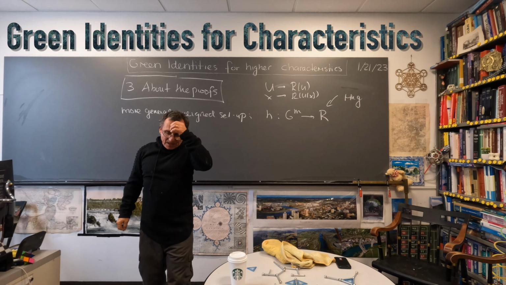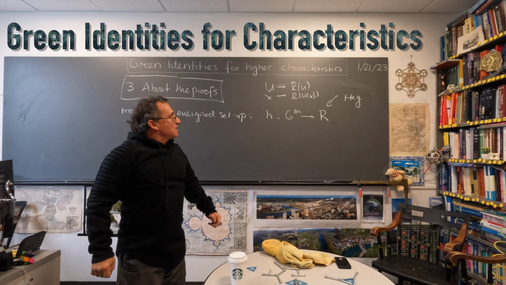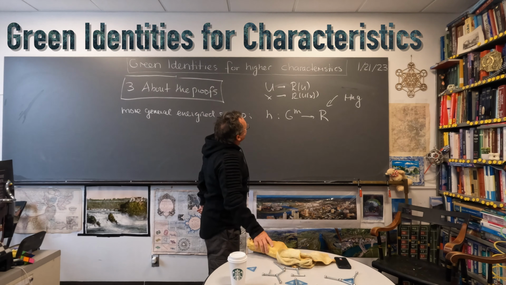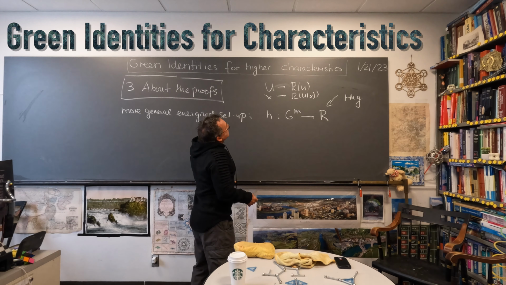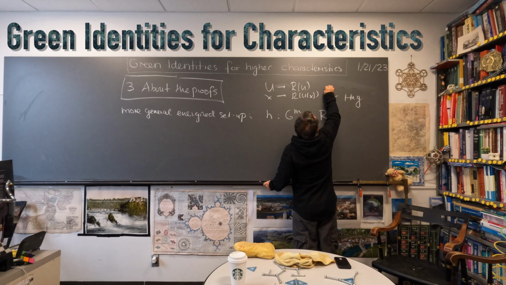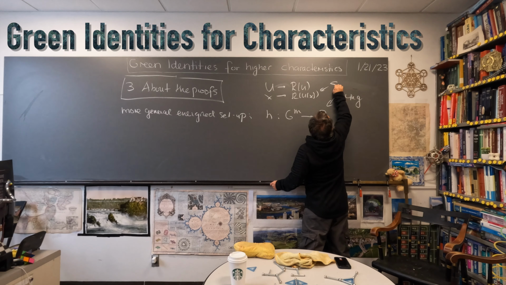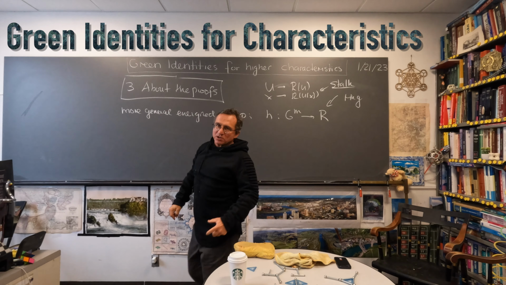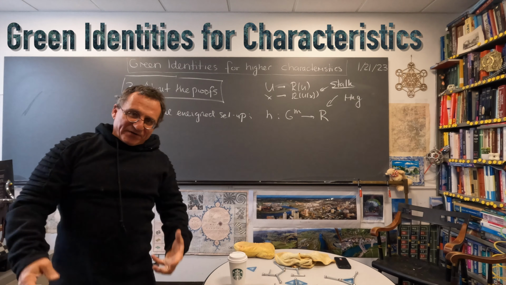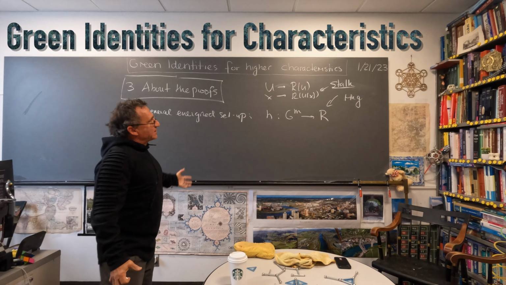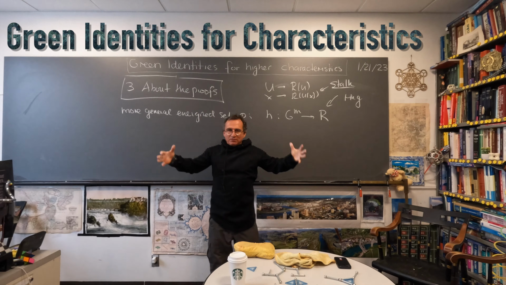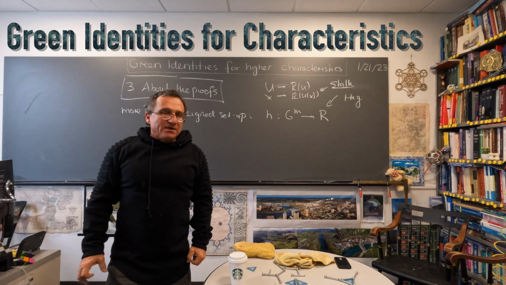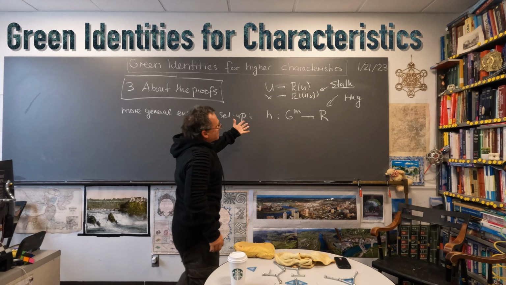And this is the stalk, and the elements in this stalk are the germs. Everything is finite. We have finite objects. We don't have to do any limits. Everything is very, very concrete.